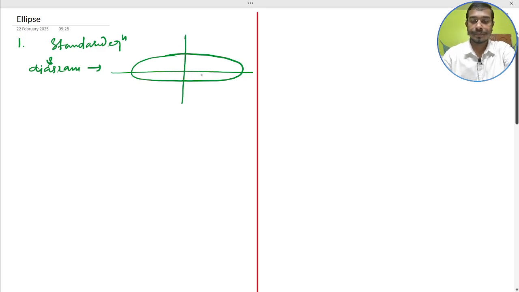This is x, this is y, and this is C, the center, (0, 0).